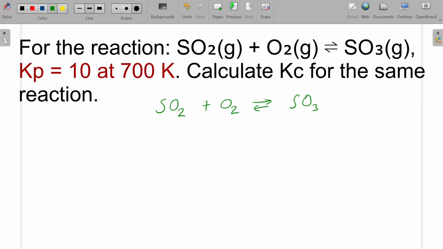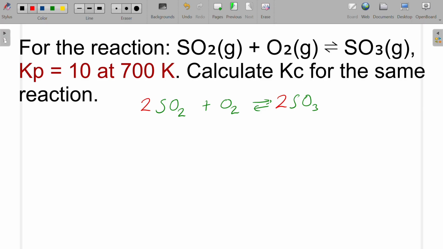Our balanced chemical reaction will be just putting a 2 there and a 2 on the other side. You see that we will have the same number of oxygen atoms. We have 2 by 2 giving us 4 plus 2, this is 6. 2 multiplied by 3 is 6. Sulfur we have 2 and sulfur we have 2. So it means our chemical reaction is balanced.